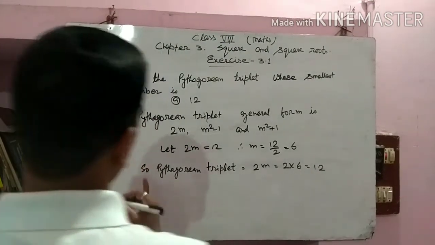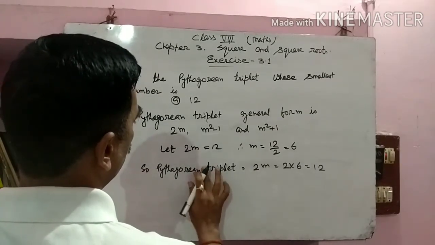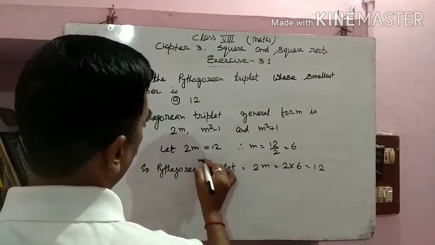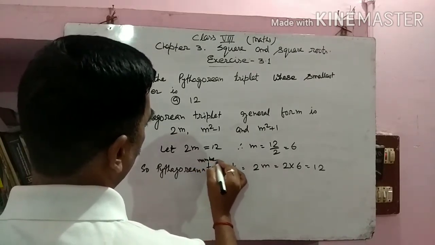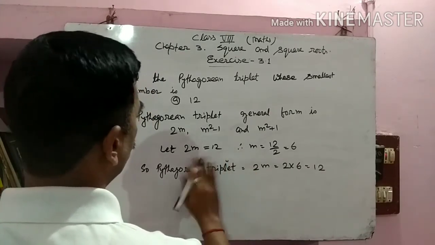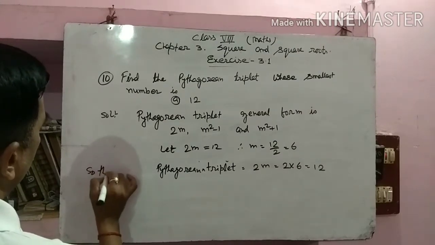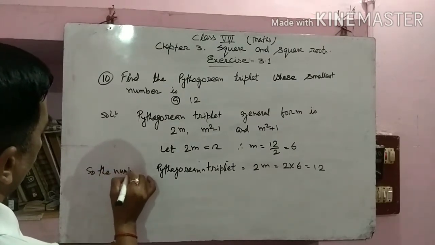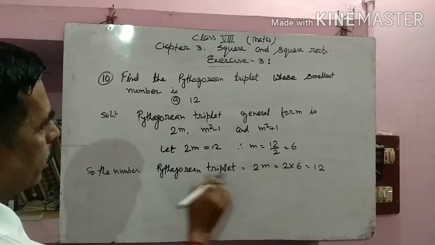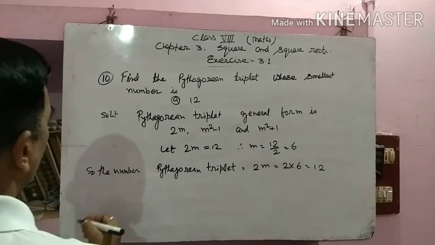Or you can say that the number of Pythagorean triplet is equal to 2m.